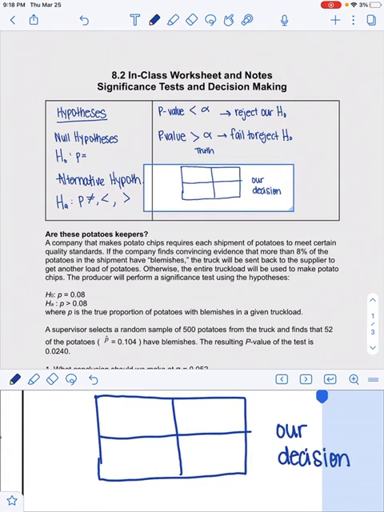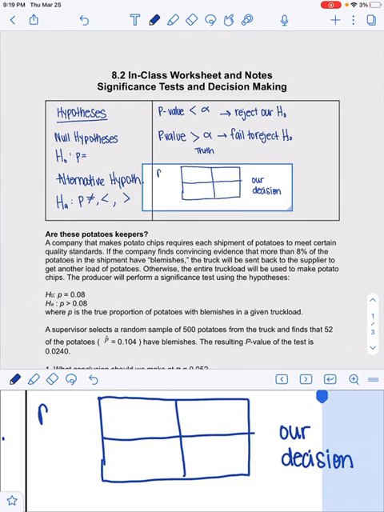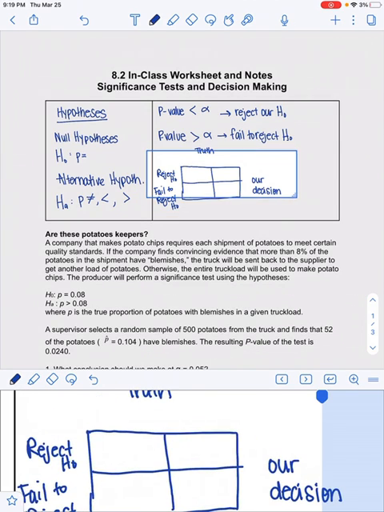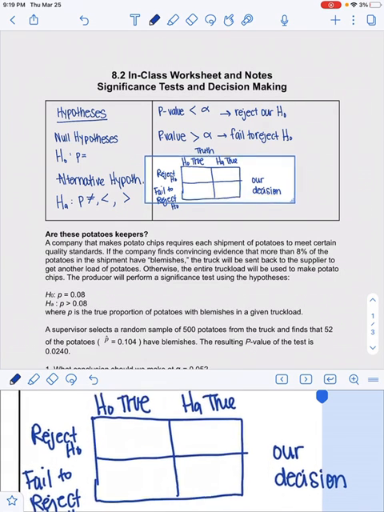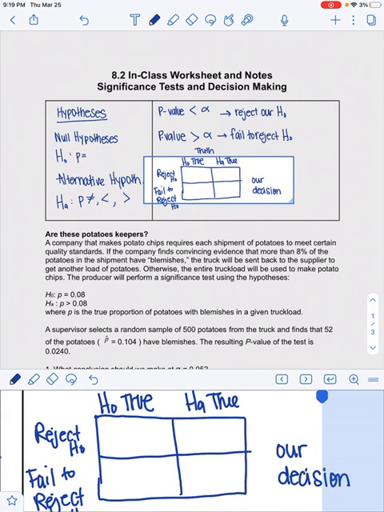All right, and then we could say we reject our null, or we fail to reject our null, and then our null is true, and our alternative is true. So if our null is true and we reject our null, then that's a type 1 error.